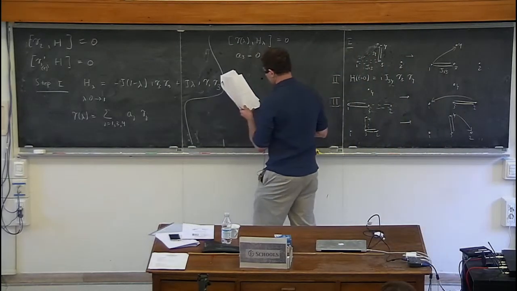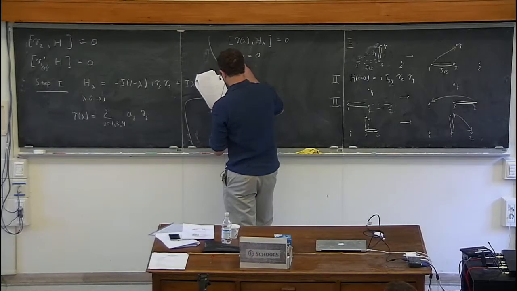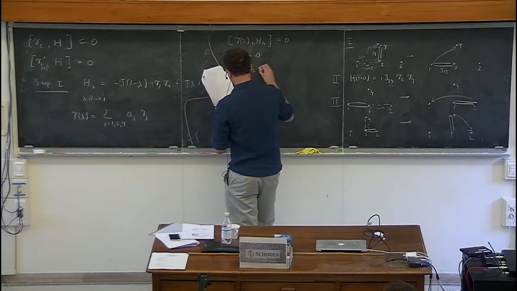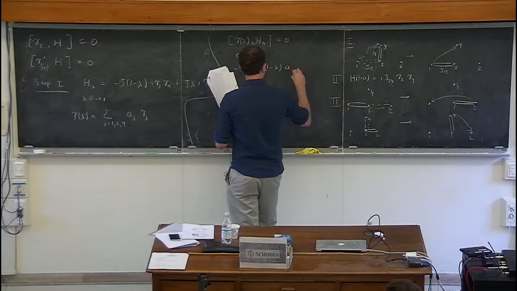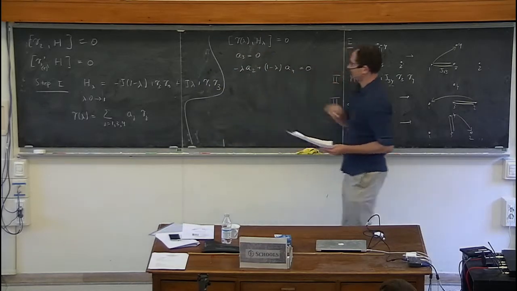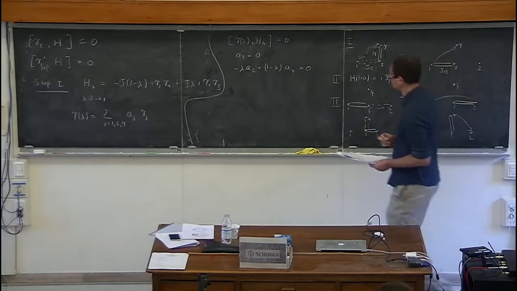What you get is that a3 is equal to 0, and that basically, right, so minus lambda times a1 plus (1 minus lambda) times a4 is equal to 0. Okay, so there's some relationship between a1 and a4 that you have to satisfy.